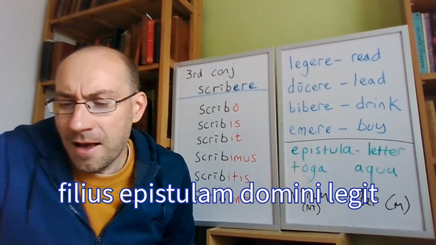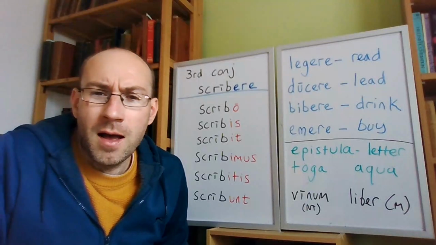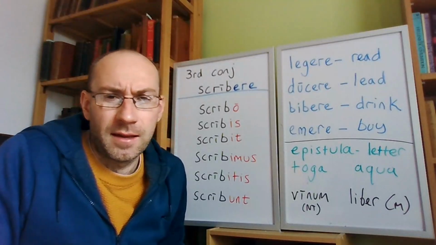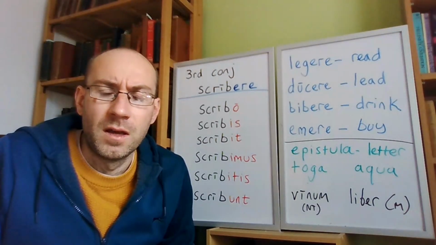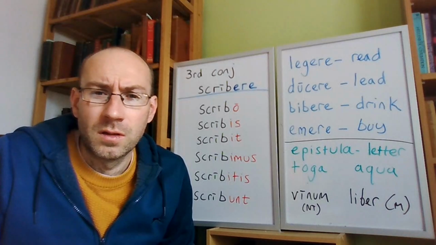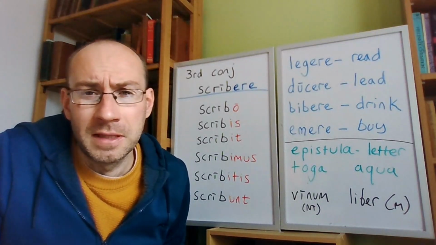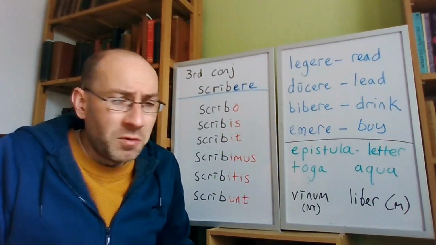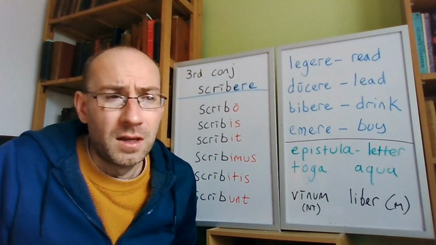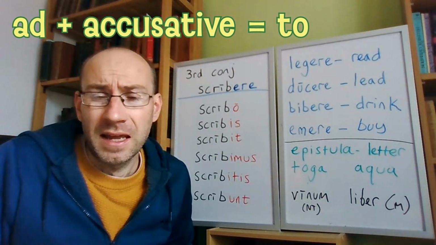Very good. What about the master leads the slave? The master leads the slave. Dominus servum. It has to be because it's accusative and he's being led, not doing the action. Ducit. If we want to say to a place, it's a little word ad, and it's followed by the accusative case.